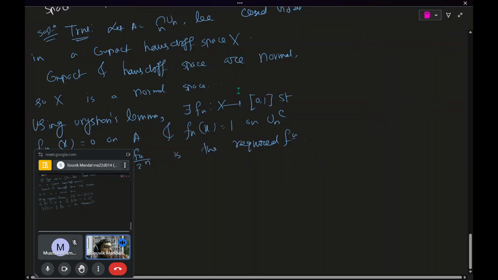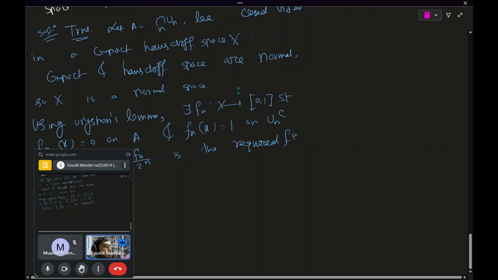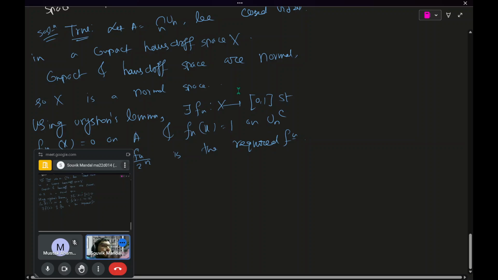So suppose A is the G delta set, that is, the countable intersection of open sets, and a closed G delta set of a compact Hausdorff space. Now compact Hausdorff implies normal, so X is a normal space.